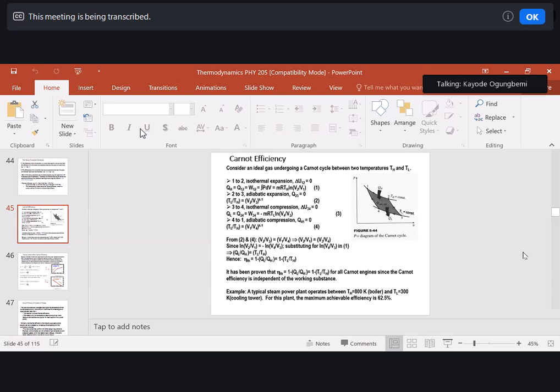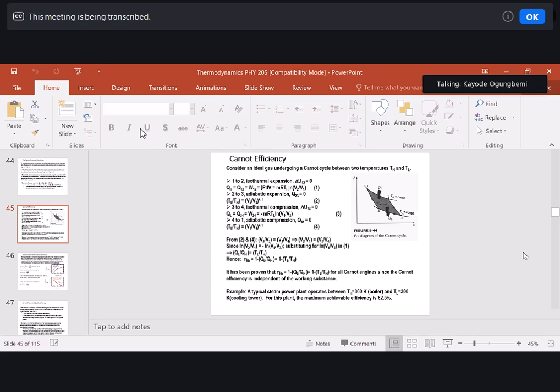From the other process, because it is adiabatic, no heat is supplied to the system. The ratio of low temperature to high temperature is the same thing as V2 over V1 raised to a constant minus 1. And that constant is called the molar gas constant, okay?